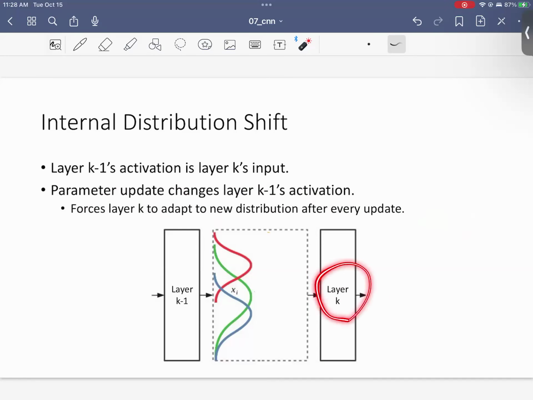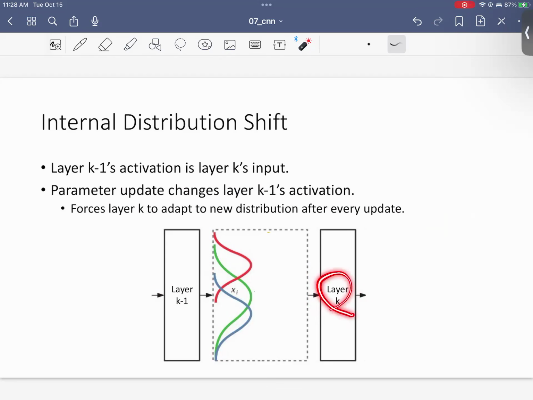So it would not know that the distribution of the output from here has changed. And in the next mini batch iteration, this guy would have to adapt to the new distribution, which would be a waste of the optimization process.